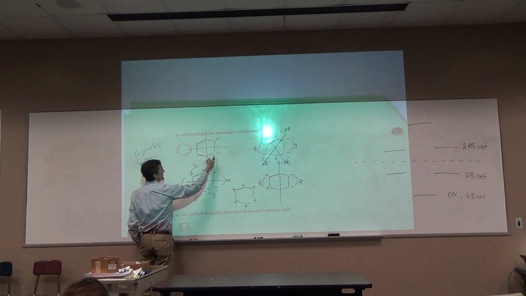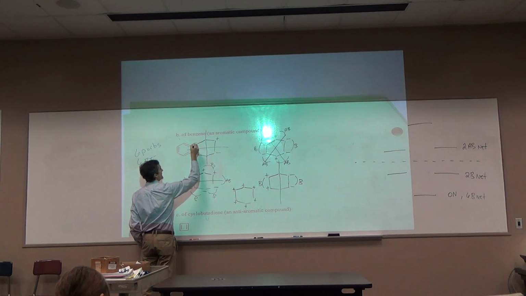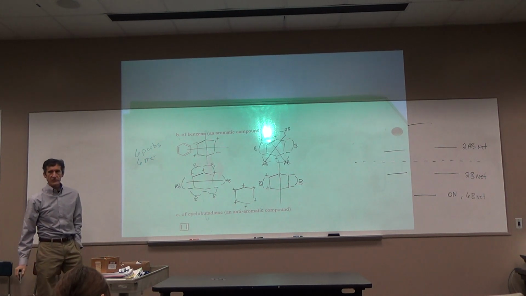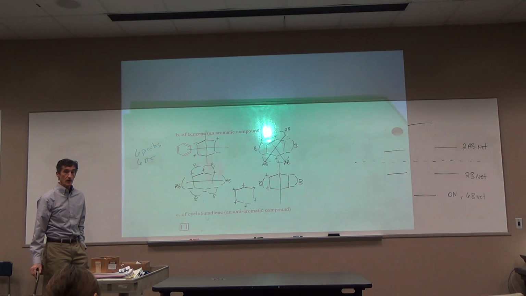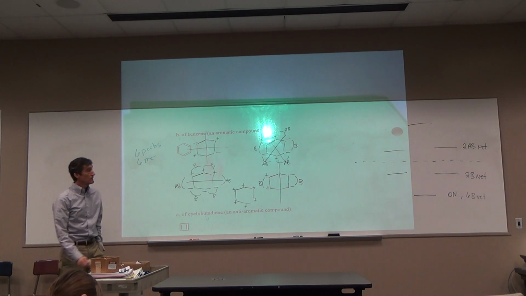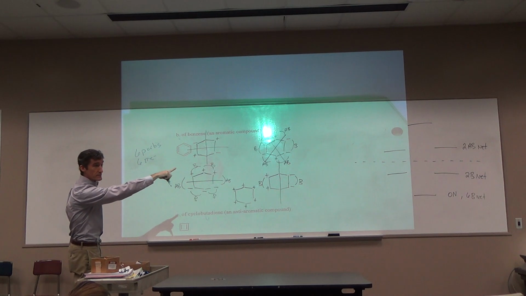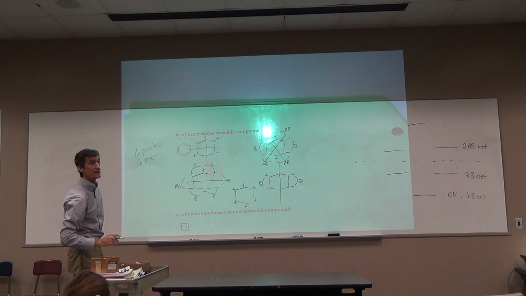There's no overlap here. I'm going to call this one plus, and since that one's plus, I call that minus. What's the net there? All you got is 2 anti-bonding. But see, it's the same as the other one. Both of those are 2 anti-bonding nets, same energy.